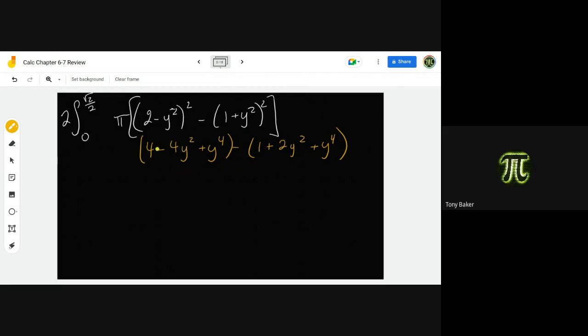So I've got 4 minus 1 is 3 minus 6y squared, and that's it, because the y to the 4th cancel out. So I've got 2 pi, 0 to square root of 2 over 2, of 3 minus 6y squared dy.